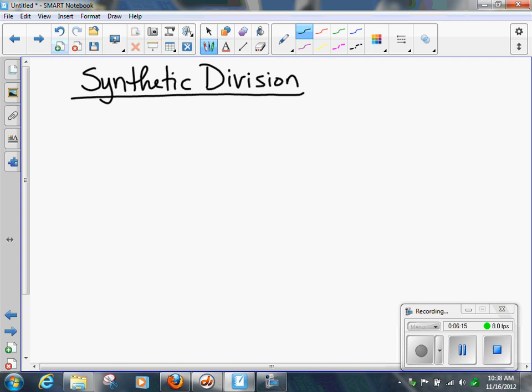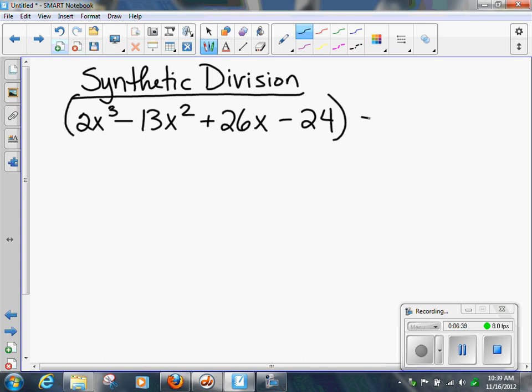Let's look at this problem: 2x cubed minus 13x squared plus 26x minus 24. And we want to divide it by x minus 4.